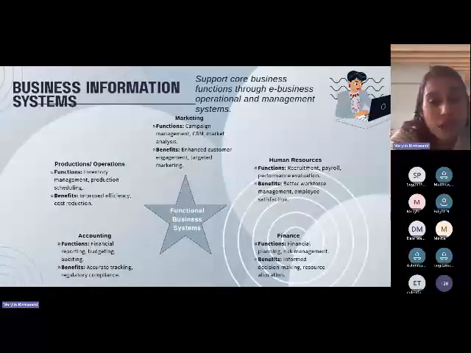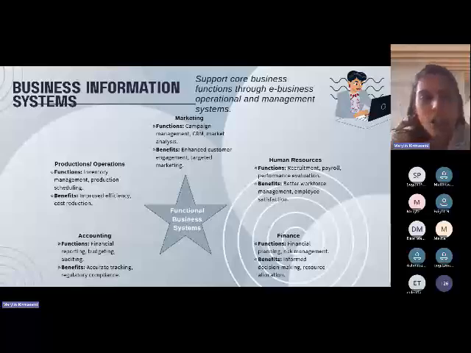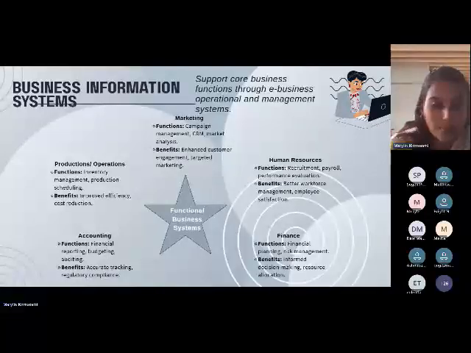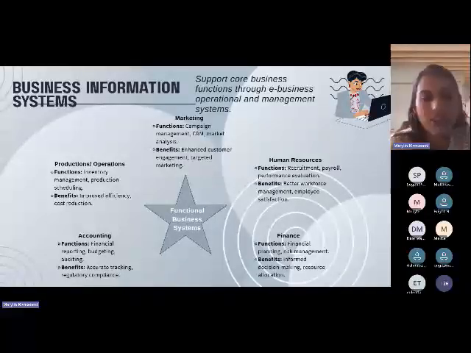You have production or operations tools. These are tools to streamline your workflows. You have scheduling tools built in, and there's also a quality control tool built into these systems. You also have accounting and finance. These systems handle all your budgeting, payroll, and expense tracking. You can see it's not just specific to your personnel module.